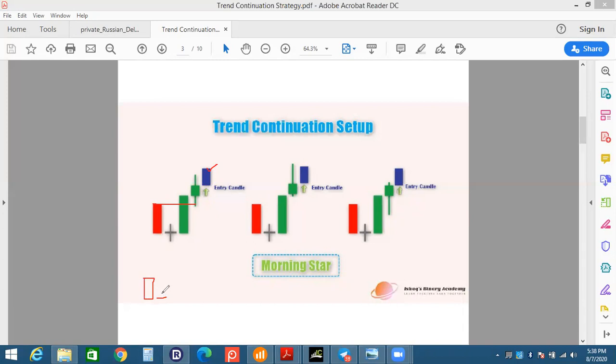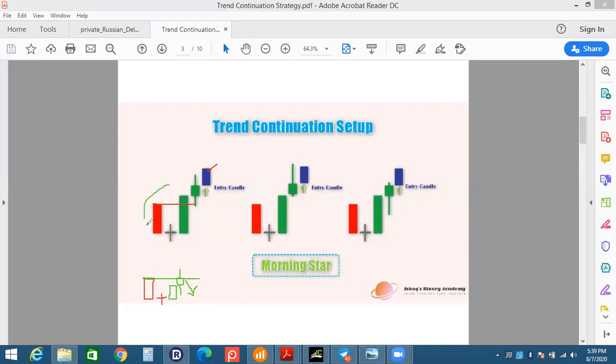If the green candle is not crossing the red one, and the spinning top is appearing here, the next candlestick will go down. So the spinning top must close above the red candle. That is the main thing. If the spinning top closes below, then it will never go up. So it must close above.